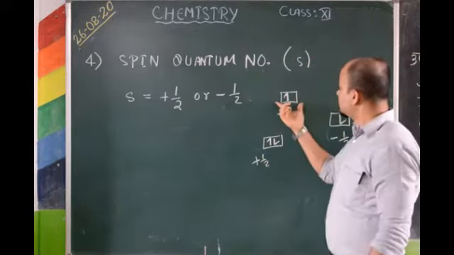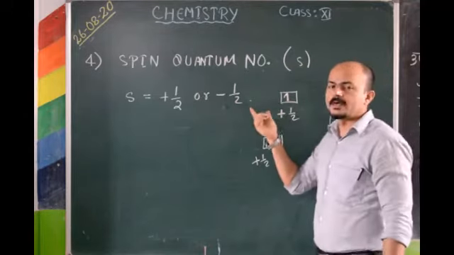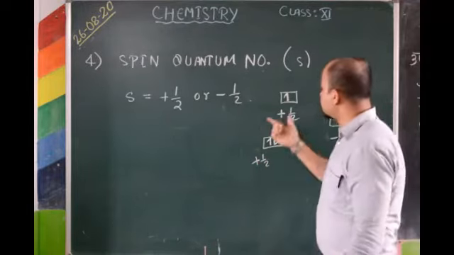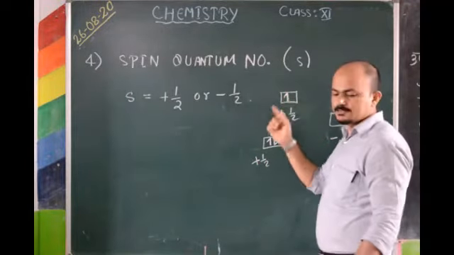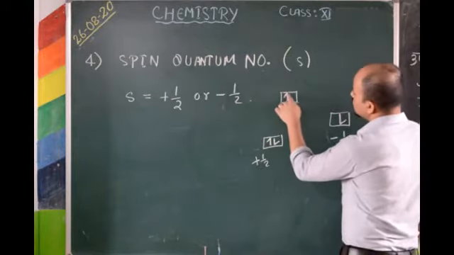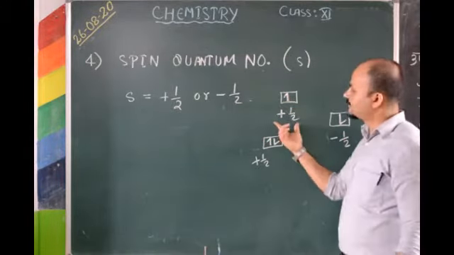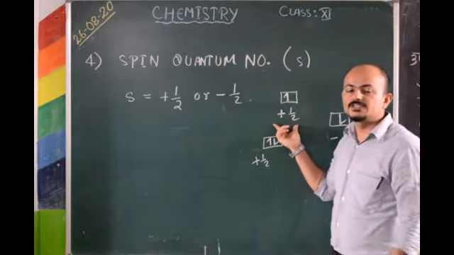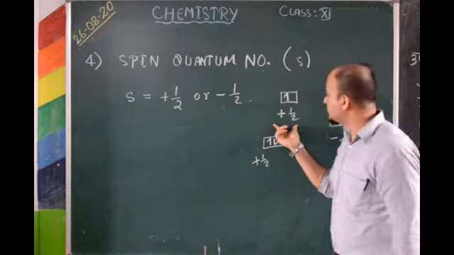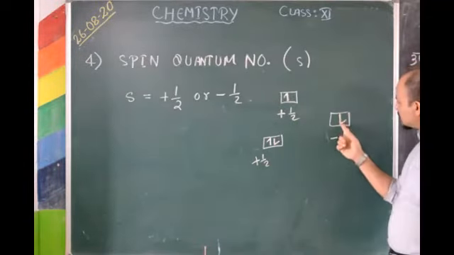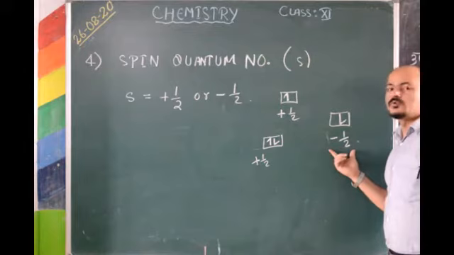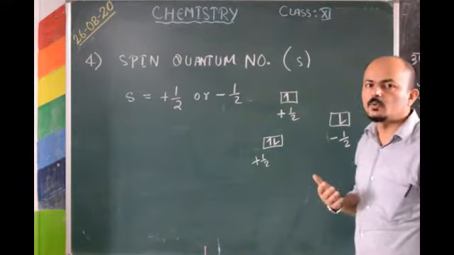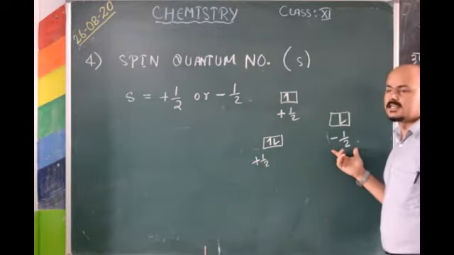Now, in a particular room, and please don't forget, this room here is the orbital, if the electron is pointed upwards, then it will have plus half value, which denotes rotation in the clockwise direction. And if it is pointed downward, then its spin quantum number value is minus half, which is the anti-clockwise spin of the electron.